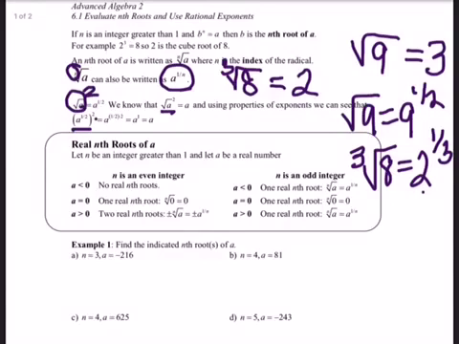Now, the thing that we have to remember with all these roots is whether or not I can have a negative number underneath the root. Okay, so square roots, we know that if I try to take the square root of -4, that is an imaginary number, and we call that 2i. The same is going to apply for any even root.